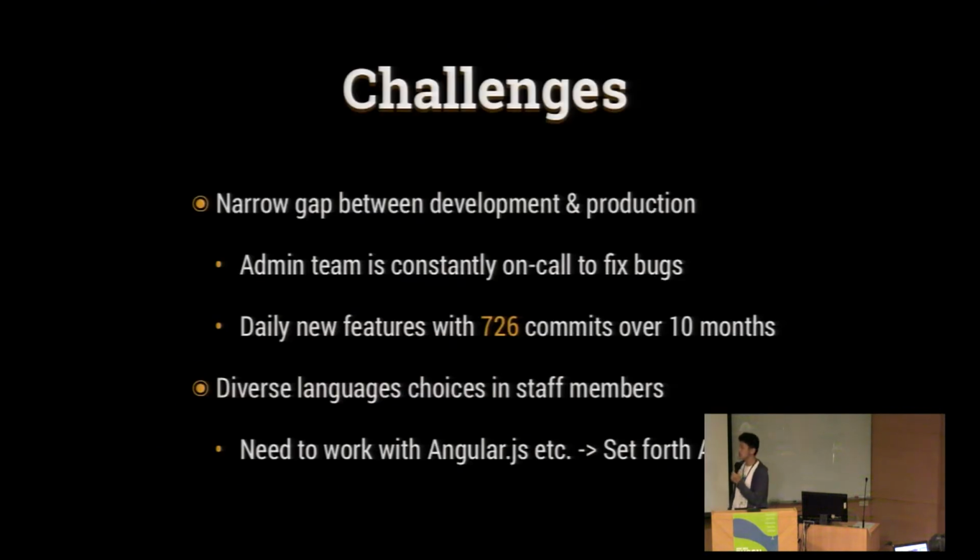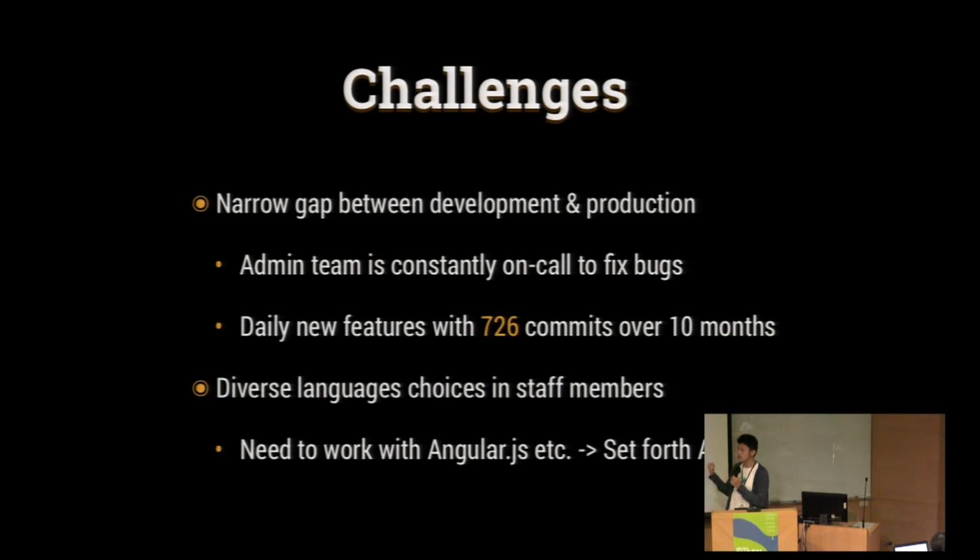And here are our challenges during the process. Because we have a narrow gap between development and production, because this is our internal system, we need to use it immediately. So we do not have much time to test it. So we are often on call, even when participating in some activities.